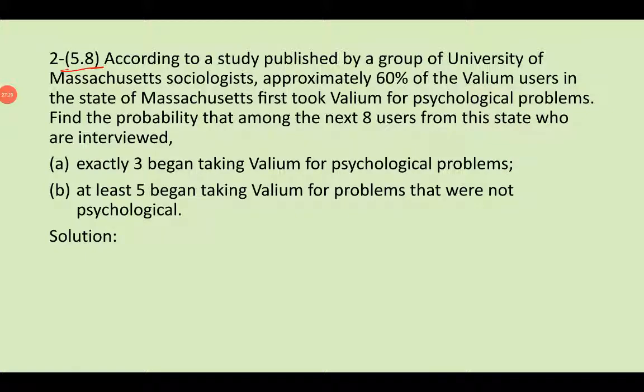According to a study published by a group of University of Massachusetts sociologists, approximately 60% of the Valium users in the state of Massachusetts first took Valium for psychological problems. Find the probability.